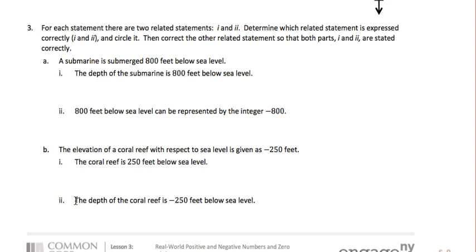Statement 2, the depth of the coral reef is negative 250 feet below sea level. Again, just like we had in our first example, negative 250 feet and below sea level say the same thing. So let's take that negative sign out and let's see what it looks like now. The depth of the coral reef is 250 feet below sea level. Much better.